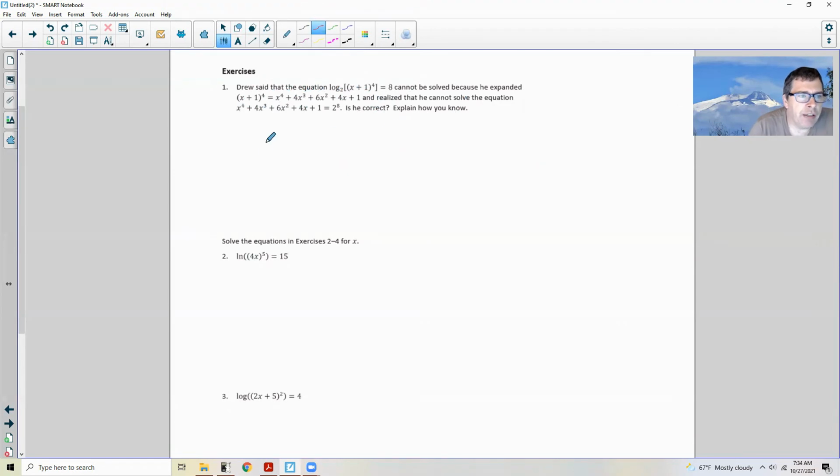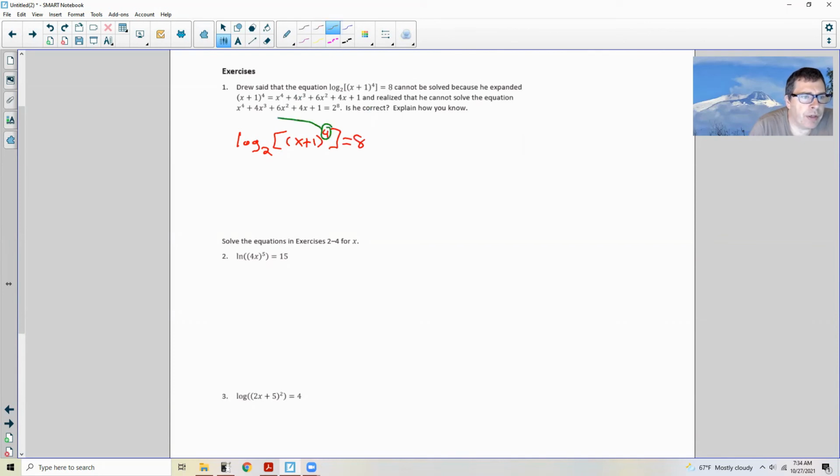And is he correct? Well, let's take a look at this. Log base 2 of the quantity x plus 1 to the power of 4 equals 8. Remember your rules.